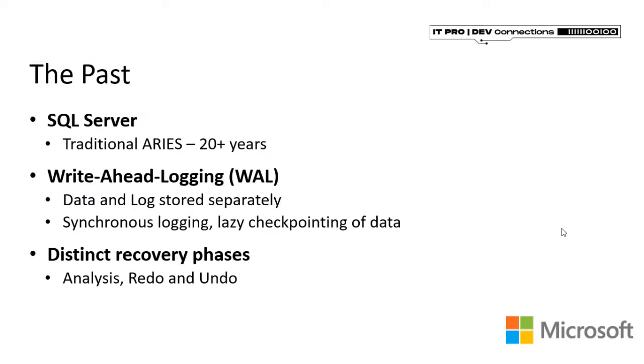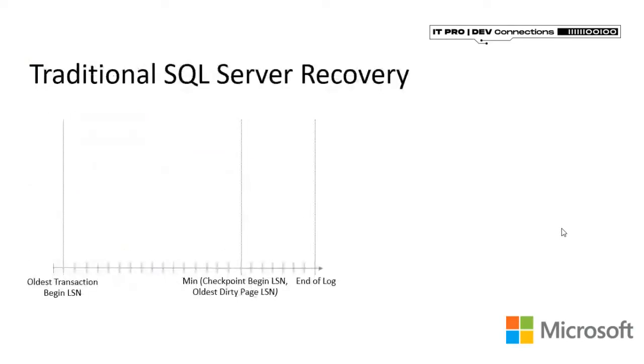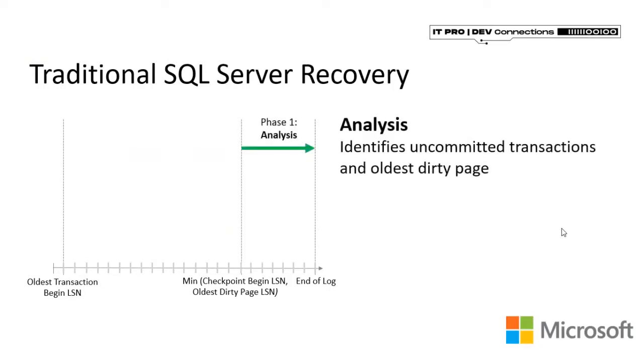And the recovery is pretty much split in 3 phases: analysis, redo, and undo. Let's take a quick look at what this looked like, again, traditionally, before the accelerated database recovery work. The first phase is the analysis phase, and this starts from the last checkpoint.